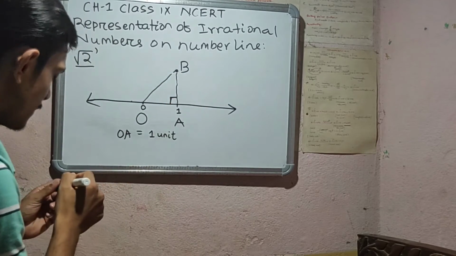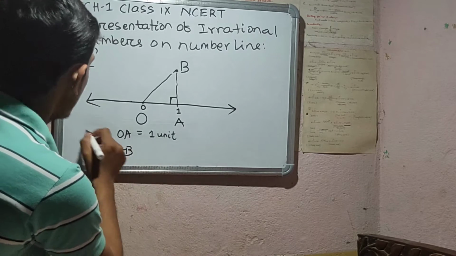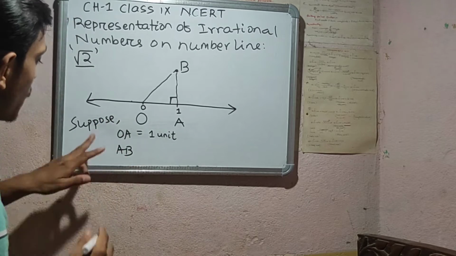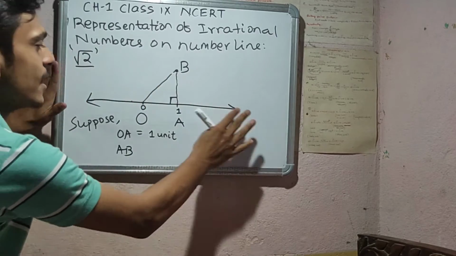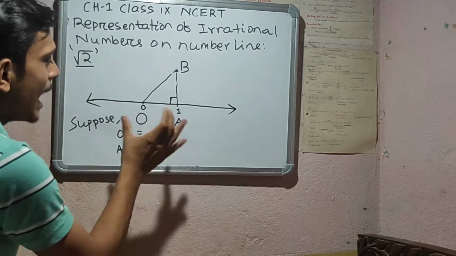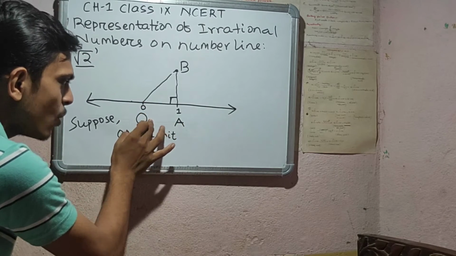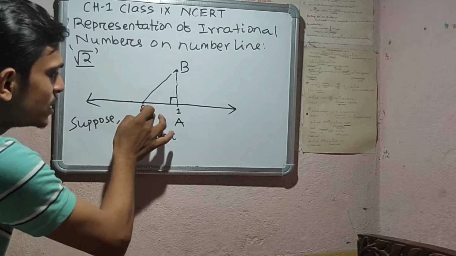And having AB equal to 1 unit also. First, this is the real number line, and I have taken two points, O and A, and the length is 1 unit, because this is 0 and this is 1.